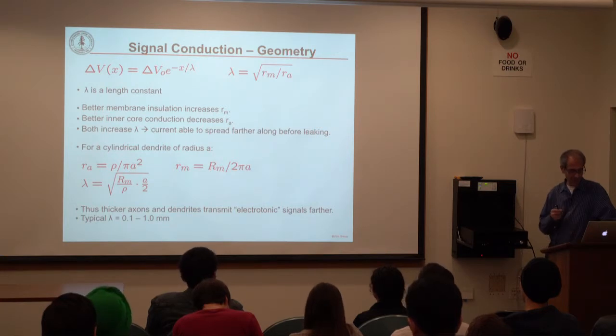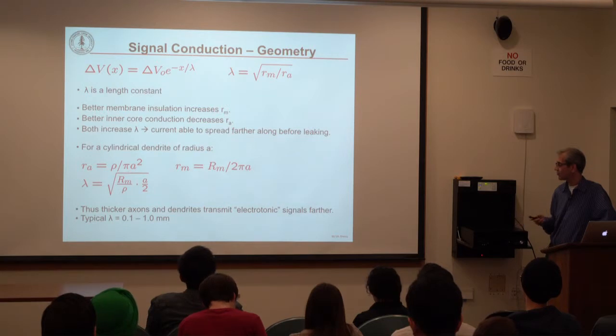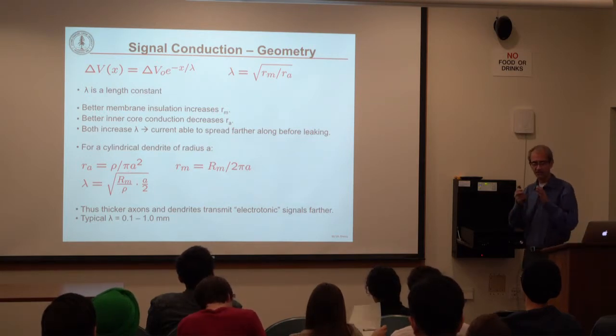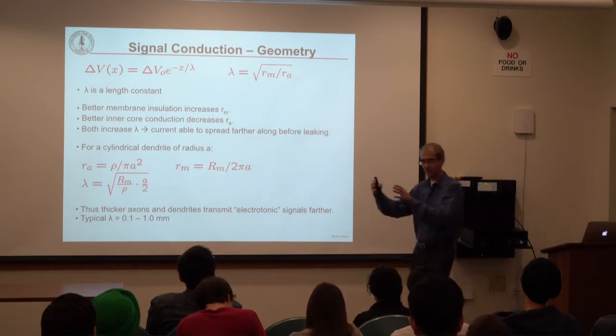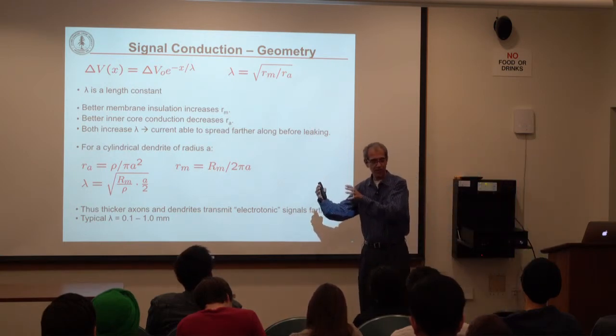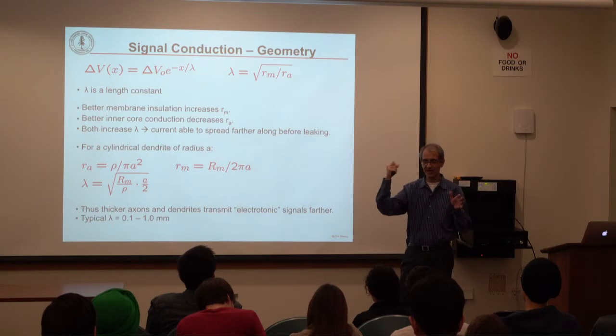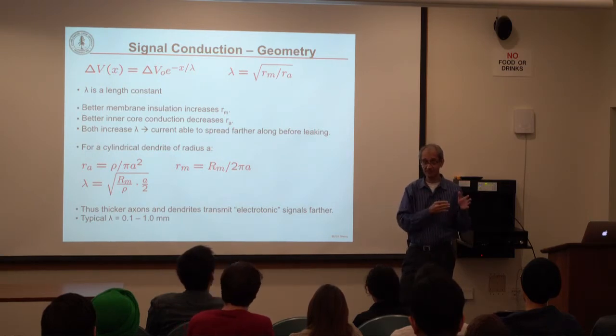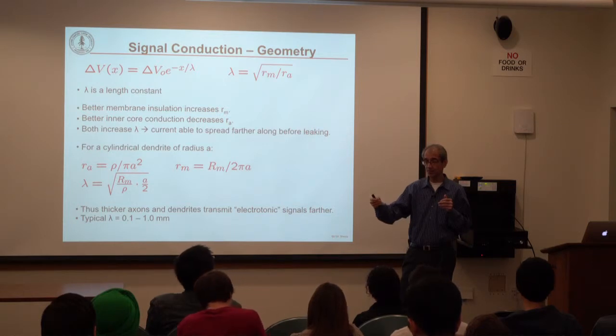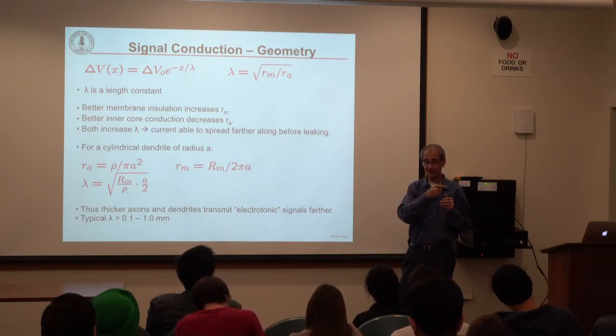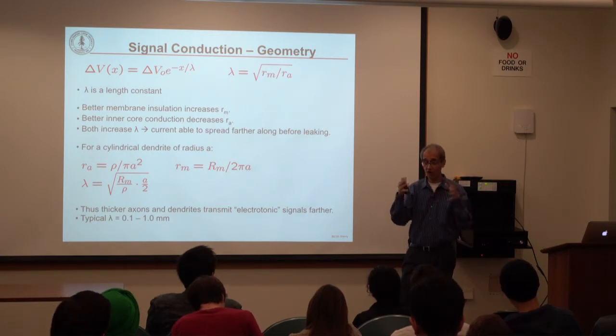Okay, so thicker axons and thicker dendrites transmit so-called electrotonic signals farther. What's electrotonic? That's when you change the potential over here, and then it propagates, as we've been looking at, passively. Okay? So said differently, when you turn a voltage supply on an electric circuit, to just mesh our language, that would be electrotonic.